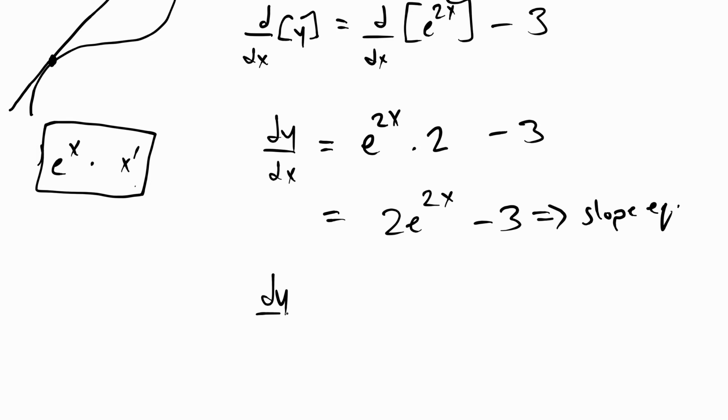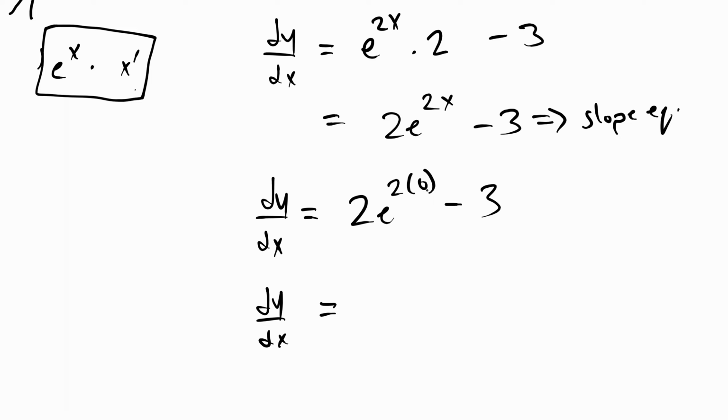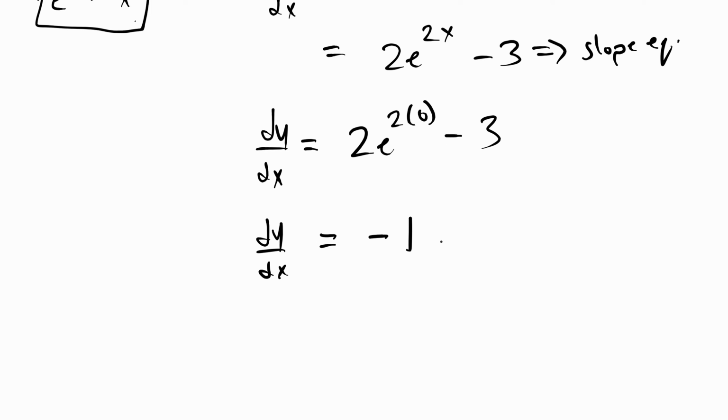So dy by dx is equal to 2e to the power of 2 times 0 minus 3. So what does that give us? dy by dx is equal to 2e to the power of 0, which is just 2, minus 3, which is negative 1. So that is the slope. This is our m, the slope of our curve.